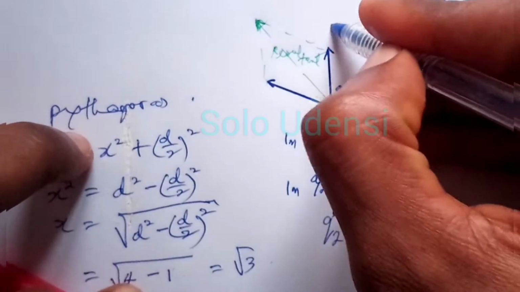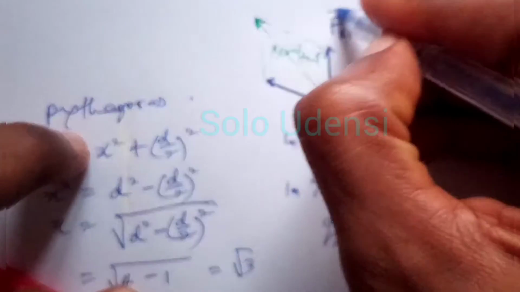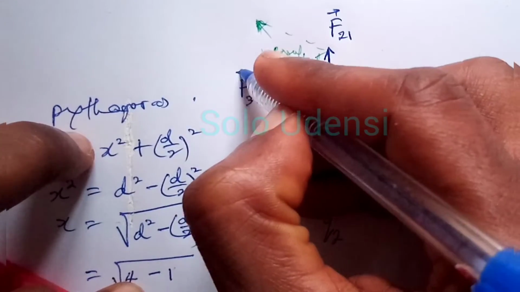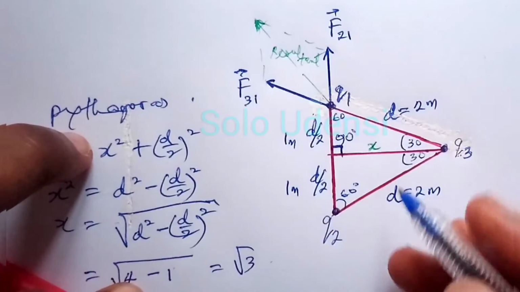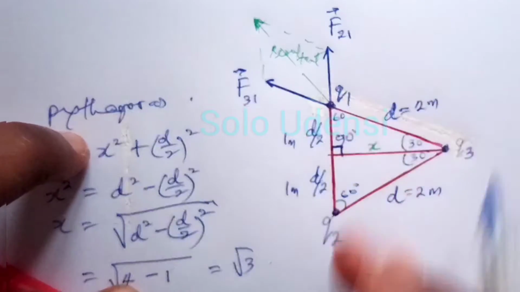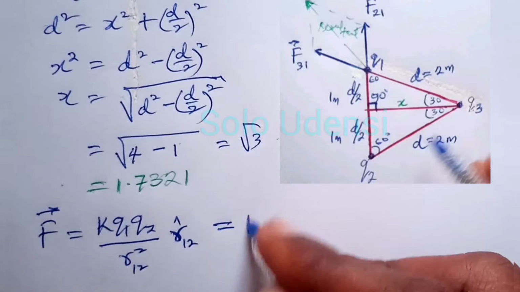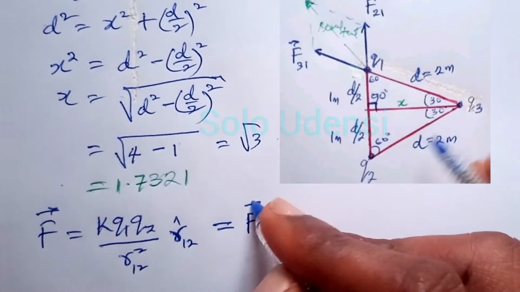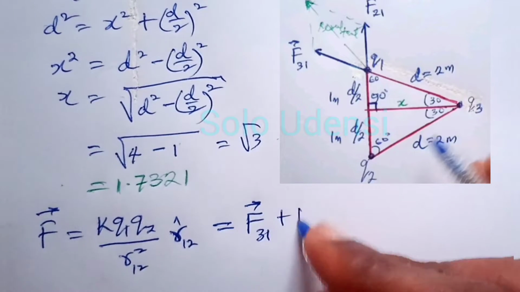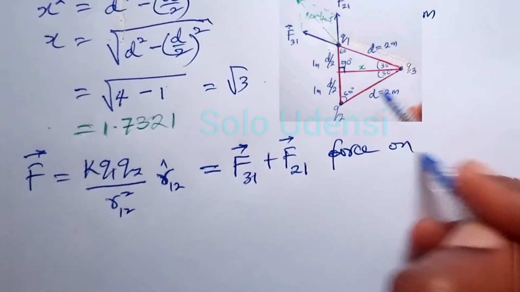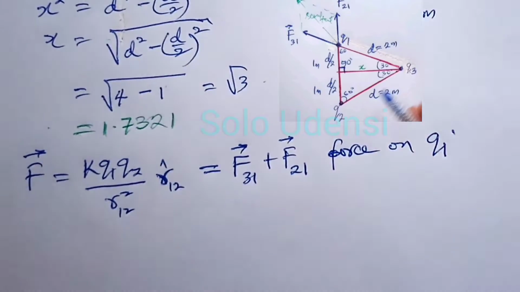This one is F21 and this one is F31. So the force on Q1 is F31 plus F21.